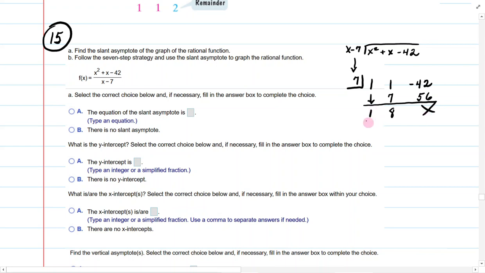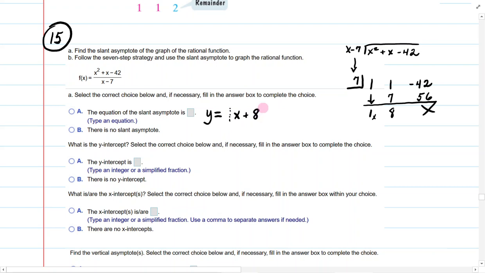These are the coefficients of the linear slant asymptote. This is your constant. This is your coefficient of x. So the slant asymptote, because it is a line, is y equals a 1 that you won't write, x plus 8.